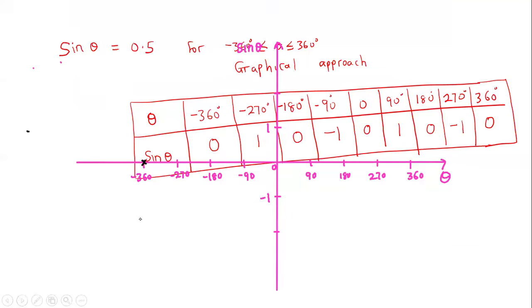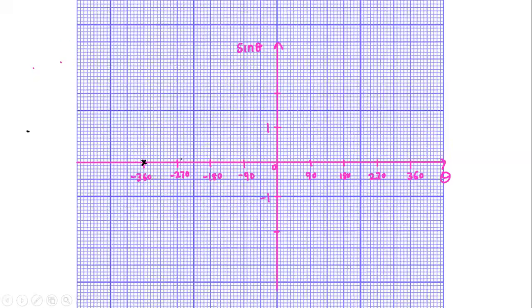When I go to the next one, it is negative 270 and 1. Negative 270 and 1. So that point is a point and 1 is here. The next one is negative 180 and 0. The next one is negative 90, and negative 1.